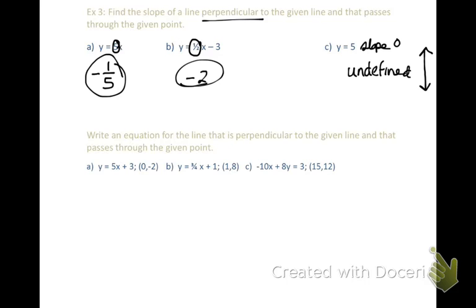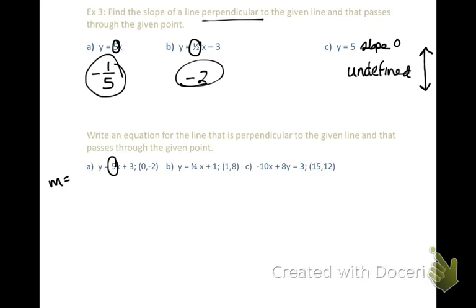So let's look at example 3, the second part of it. The same idea as on example 2, I believe. Yep, where you have to find the slope. First of all, you're going to find the perpendicular slope of the numbers they gave us.